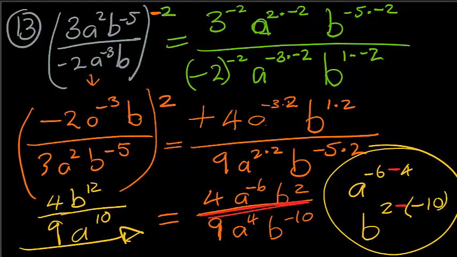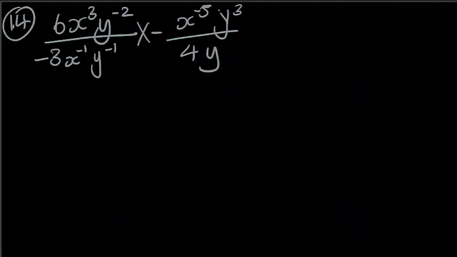I really hope I didn't confuse you. Okay, question 14. We've got two fractions that we're multiplying with each other. So let's work this left to right. First thing I want to do is look at the signs. I've got a minus there and a minus there, so minus times minus gives me plus. Next up, I want to look at my coefficients.